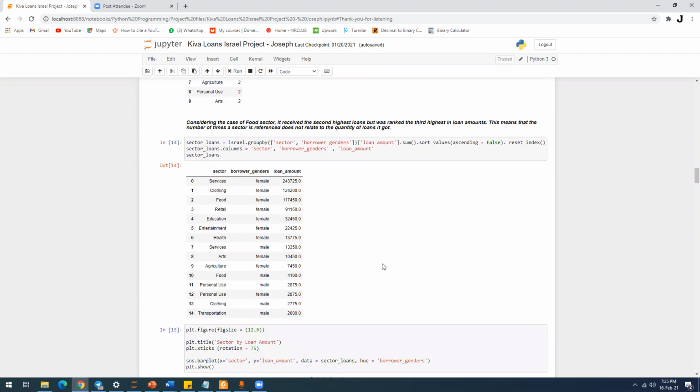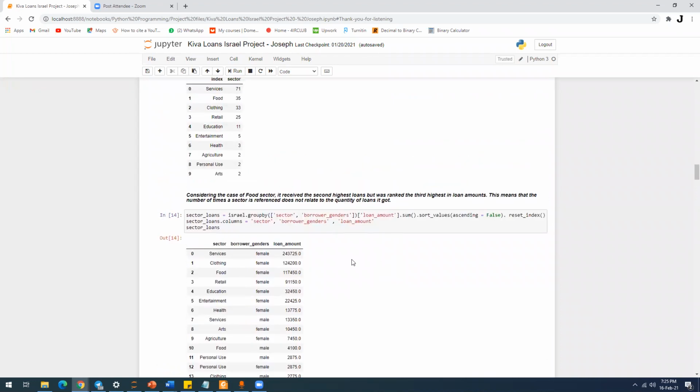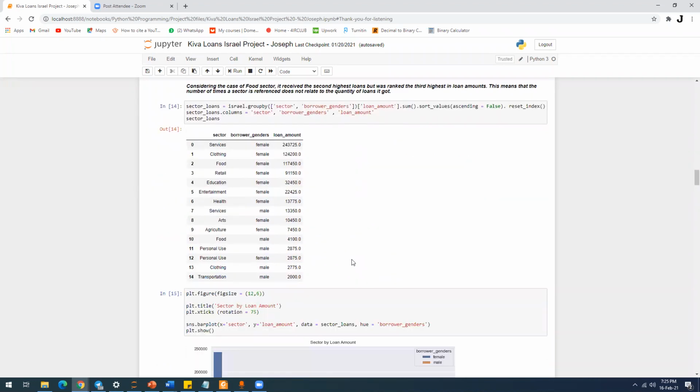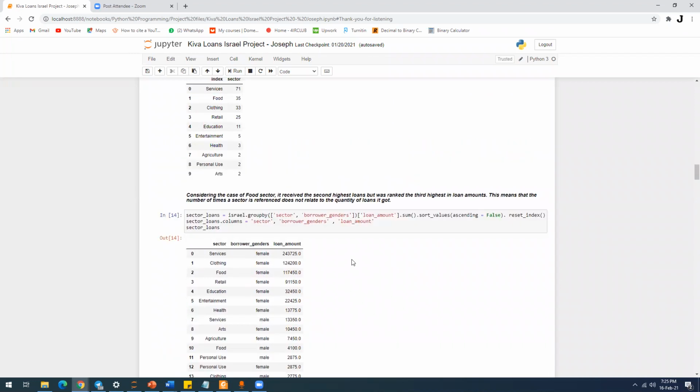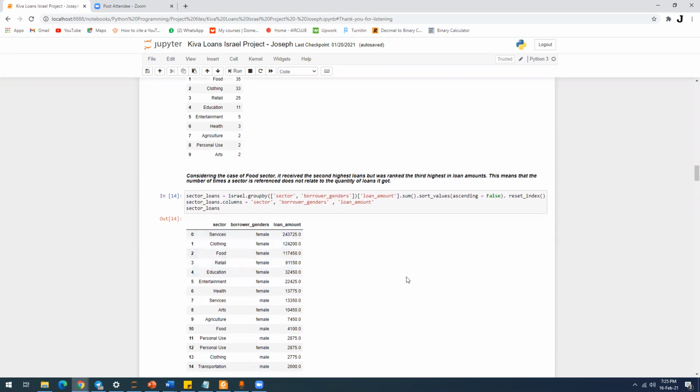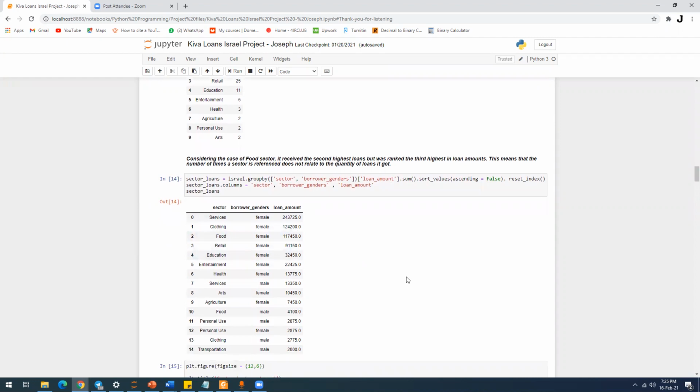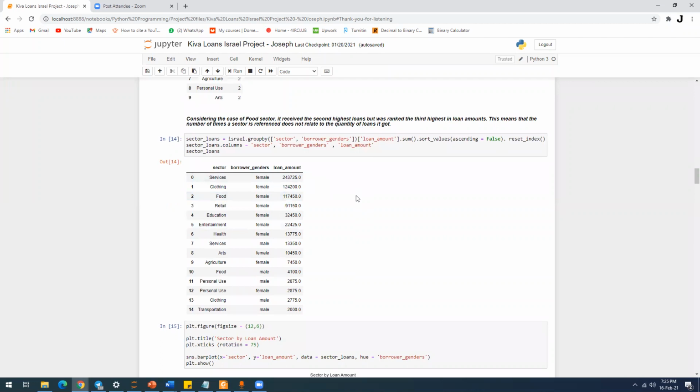I did further. This is just to plot it. So I did sector loans, and through these sector loans, I grouped it with borrower genders and loan amounts, so that I could see in the different sectors which gender got the highest amount of loans.